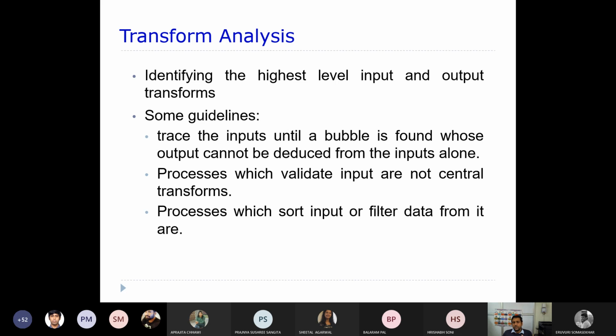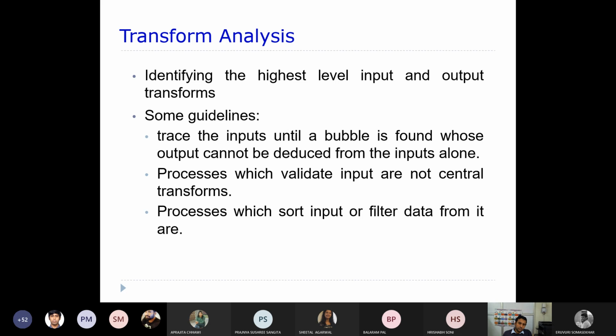That means you require a sorting algorithm here. That means some processing is being done on the input data, or you require some filtering of that data, right? So they will be part of the central transforms, the major processings. But something validating input data is not part of the central transform. So you need to identify that way.